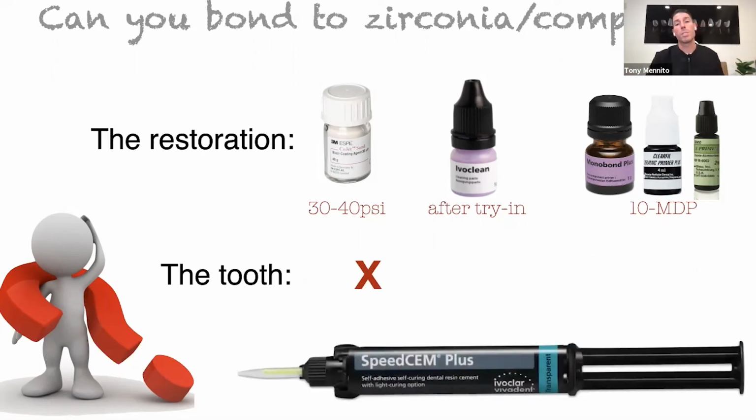Now, the other option for this, if you have a relatively retentive prep, is to use SpeedCEM Plus. SpeedCEM Plus is a self-adhesive resin cement that will give you some bond strength to structure, maybe not as good as what you would get with your actual adhesive and a resin cement, but still a very, very good result if your restoration is semi-retentive.